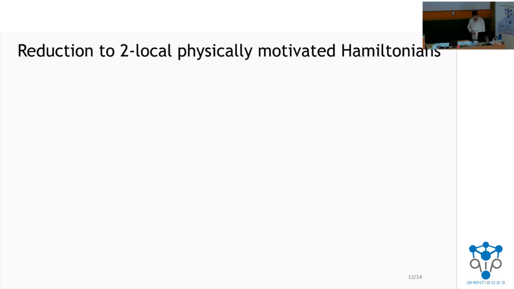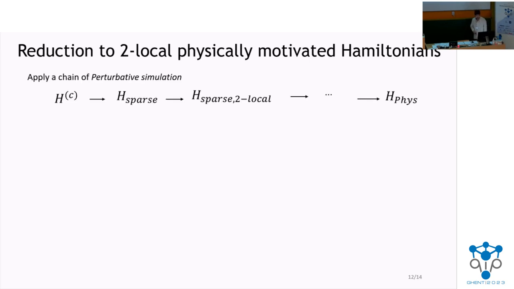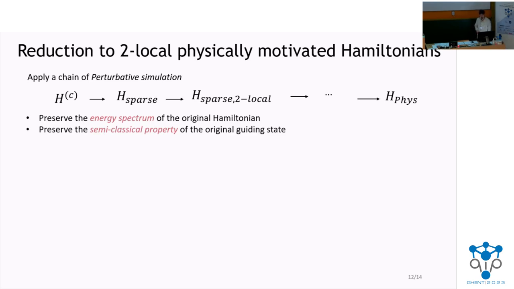And then I finally explain how to obtain the two-local physically motivated Hamiltonians. Here, we apply a series of perturbative simulations to reduce the locality and finally obtain the physically motivated Hamiltonians. There are two requirements for the BQP hardness results to hold.